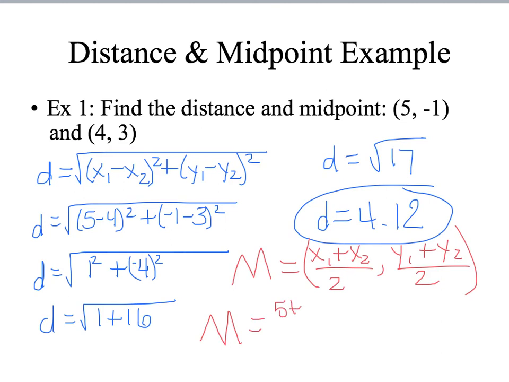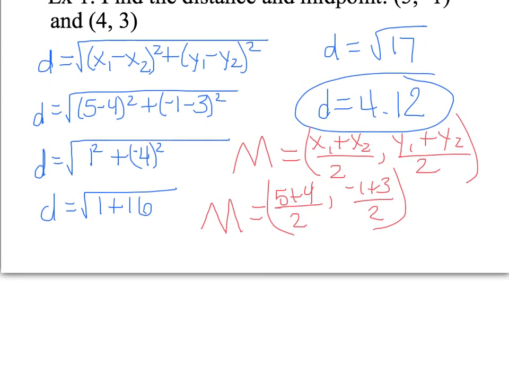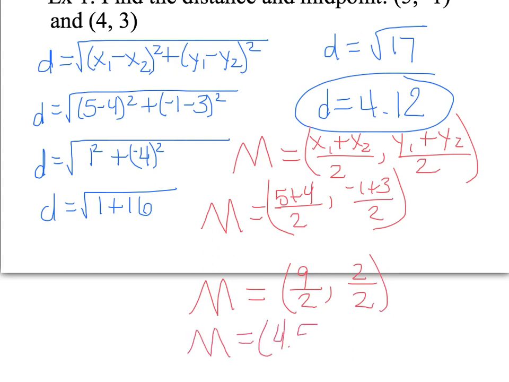So 5 plus 4 divided by 2, negative 1 plus 3 divided by 2. This is 9 over 2 and 2 over 2. So 4.5, 1 would be the midpoint of that segment.